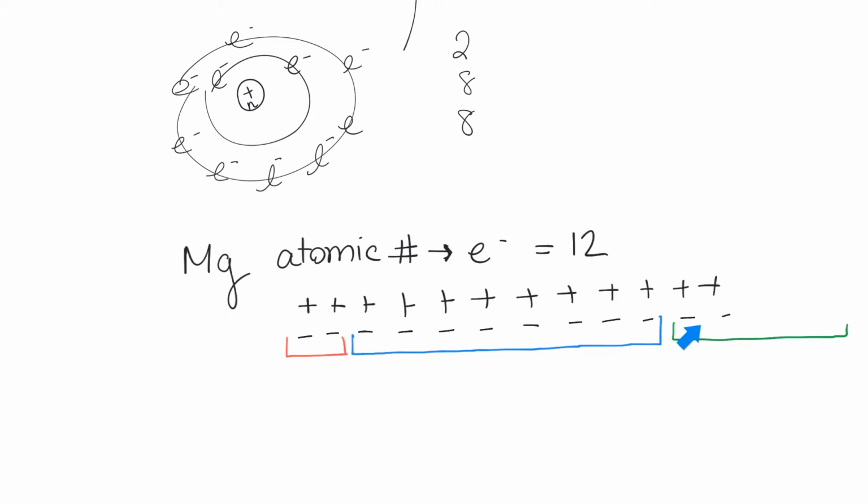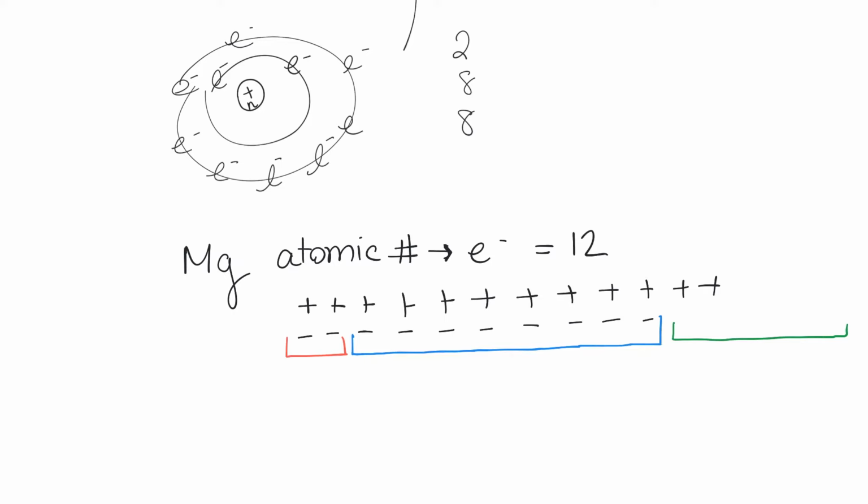So this is not very stable for magnesium. Therefore, it would like to lose these 2 electrons. The alternative would be to gain 6 electrons to fill this up. Well, it seems to me it's easier to lose 2 than it would be to gain 6. So magnesium is going to lose 2 electrons.